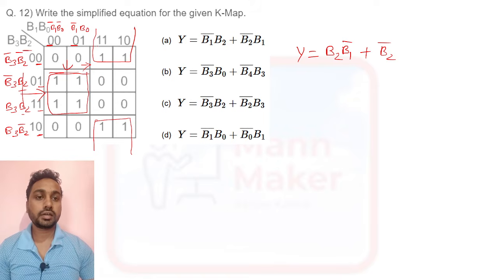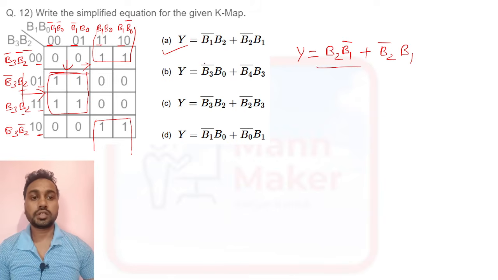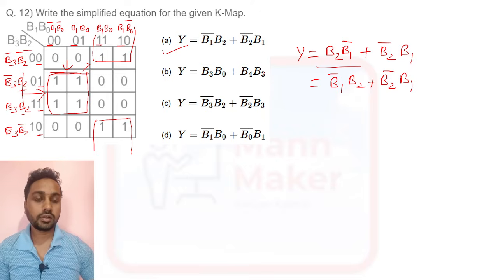This one and this one. 1 means B1, and B1 is common, so we write B1. So your output expression will be this one. Option A matches with this one. We can write B1 bar B2 plus B2 bar B1 like that also. So option A is the right answer.